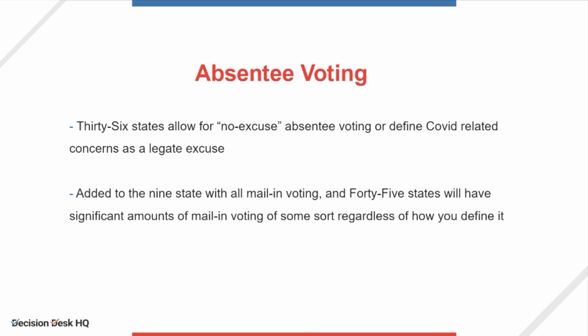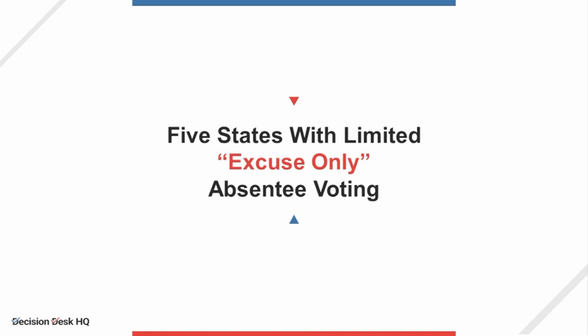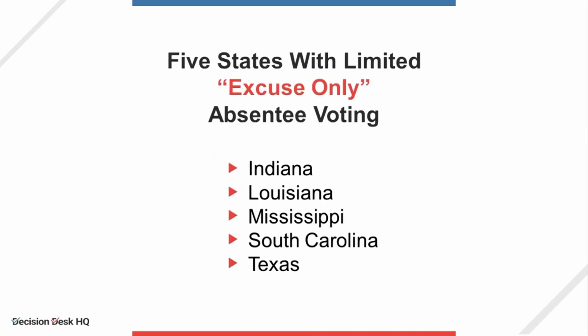That means in 45 states, plus the District of Columbia, there will likely be heavy mail-in and absentee voter participation this year. In the remaining 5 states, there will still be some level of absentee voting, but it's limited to a specific set of acceptable reasons, and that's going to keep its use comparatively low. Those 5 states are Indiana, Louisiana, Mississippi, South Carolina, and Texas.